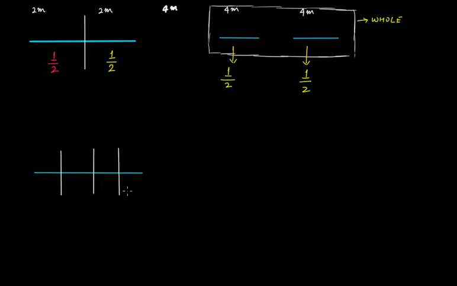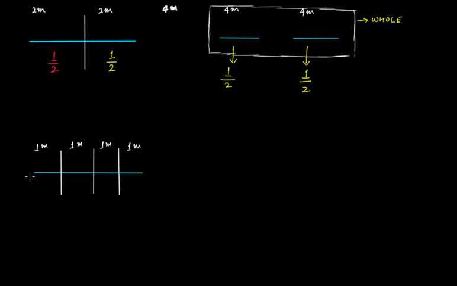These are 3 cuts. I know that these are not of equal lengths, but for our discussion, just suppose they are of equal lengths. And since I have divided this into 4 equal parts, this will be 1 meter, this will be 1 meter, this will be 1 meter, and this will be 1 meter. Therefore, I have divided this whole into 4 equal parts of 1 meter each.